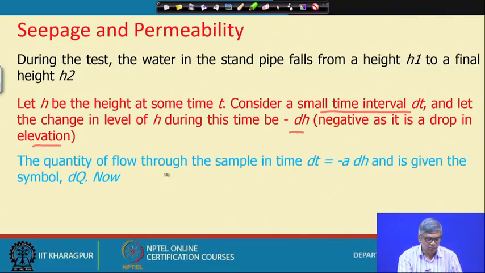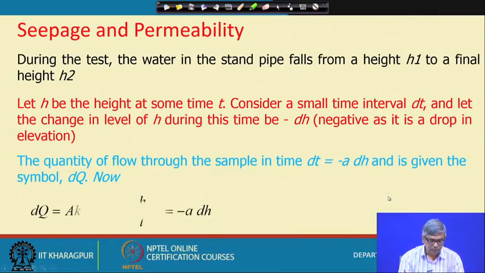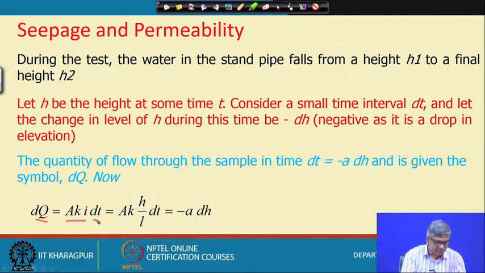The quantity of flow through the sample in time dt, that means the standpipe, if the cross section of the standpipe is A and minus dH, that is the quantity of flow, is given the symbol dq, and this dq will again be A k i into dt, and from here I can simplify.